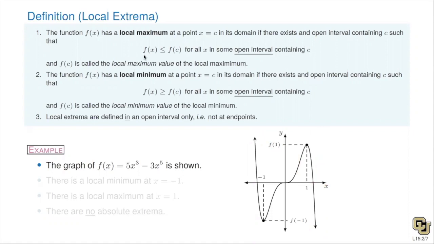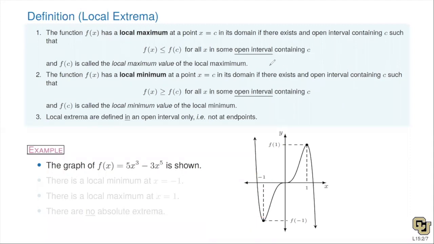And again, at negative 1, we have not an absolute min, but a local min. It's a point where the y value is less than or equal to all the y values around it to the left and to the right.